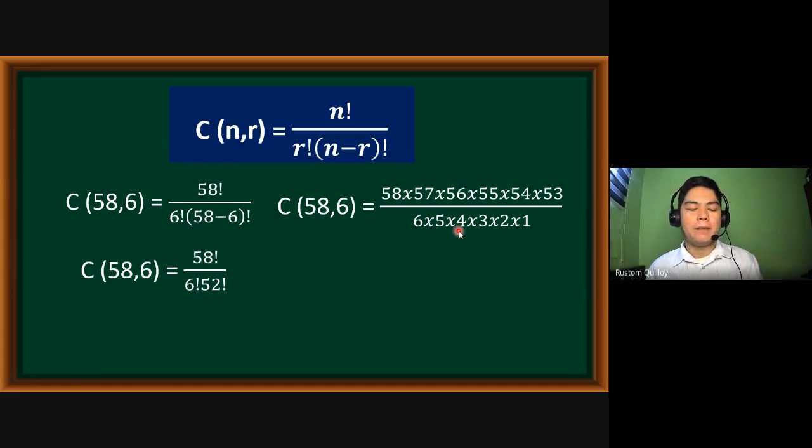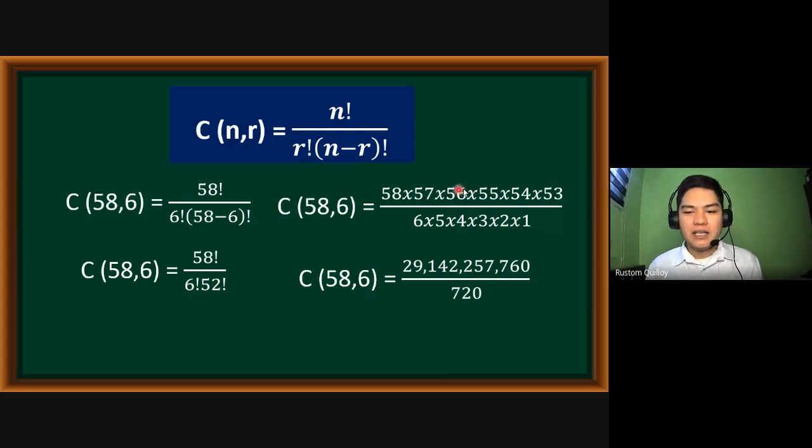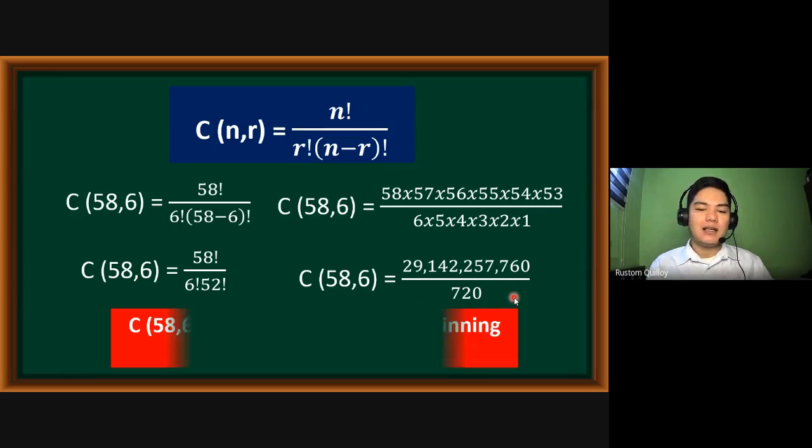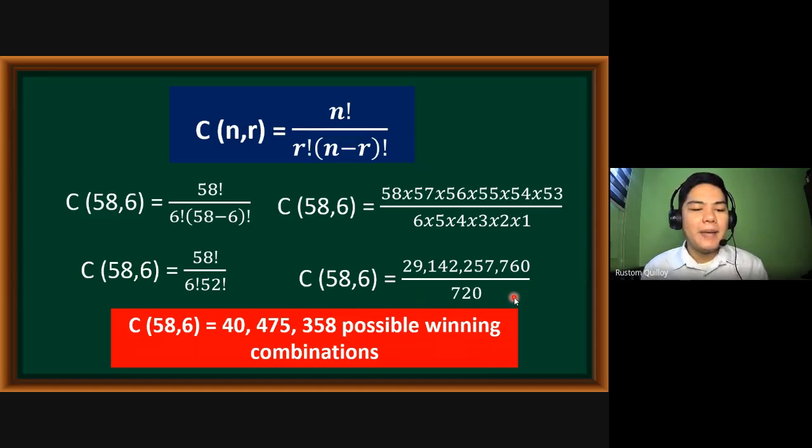Kung kayo ay nahihirapan, pwede nyo nang i-direct sa calculator since allowed naman dito ang calculator. So, kapag pinerform na natin yung multiplication, ang magiging kalalabasan is 29,142,257,760 divided by 720.